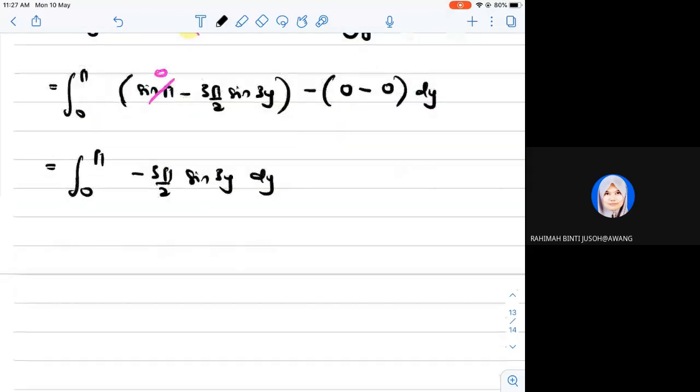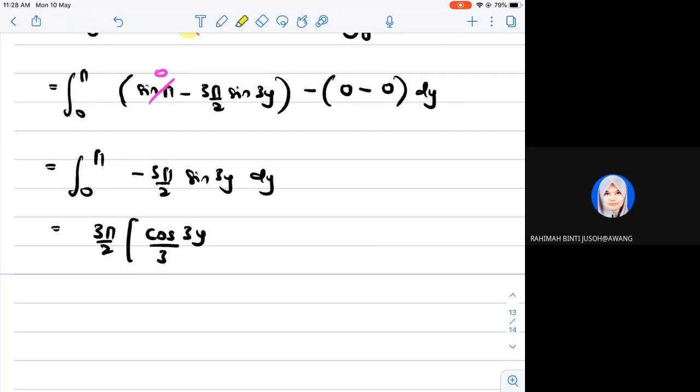Integrate negative sign dapat positive or negative cos? Positive, very good. So 3 pi per 2 tu duduk depan siap-siap sebab dia just constant. So integrate negative sign ni dapat positive cos. So jadi dapatlah positive cos 3y per dengan 3.